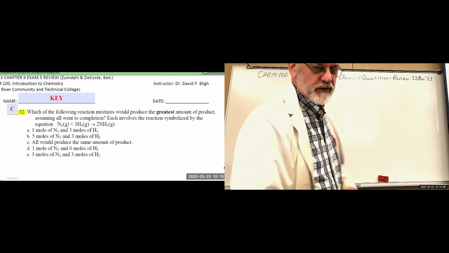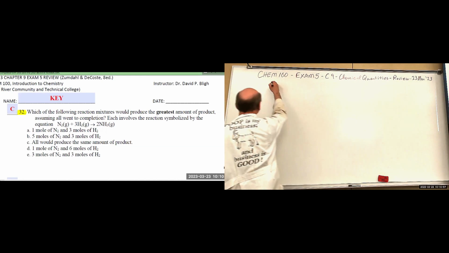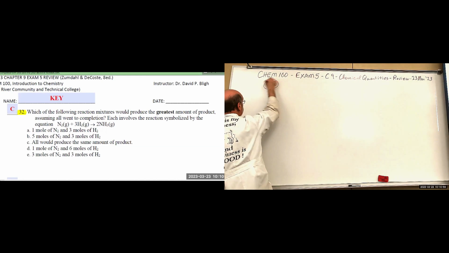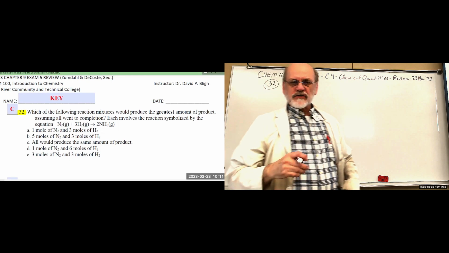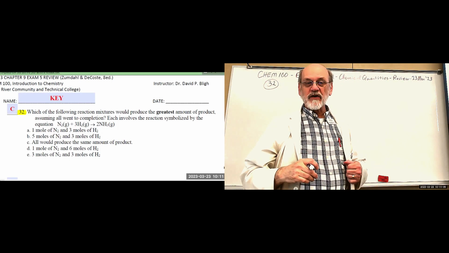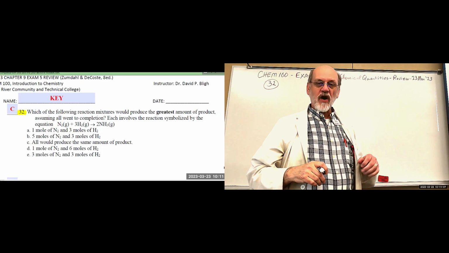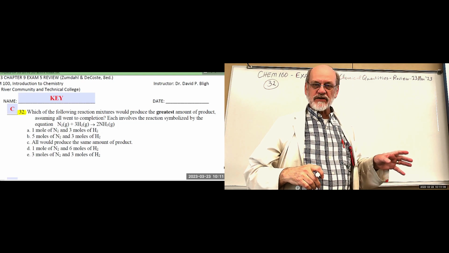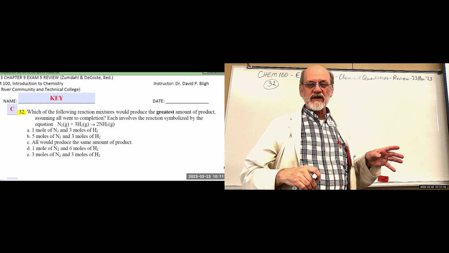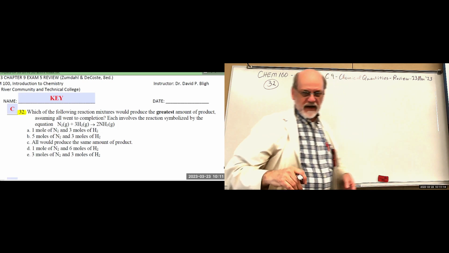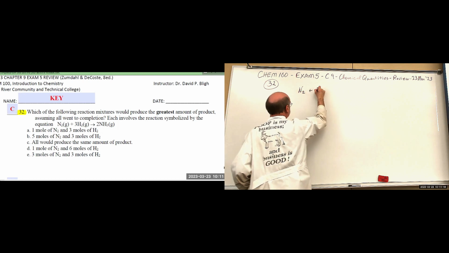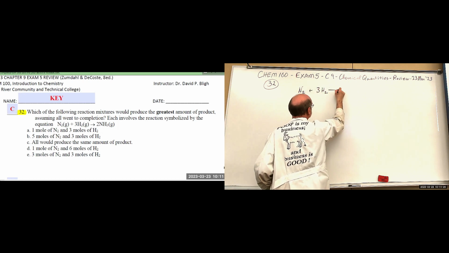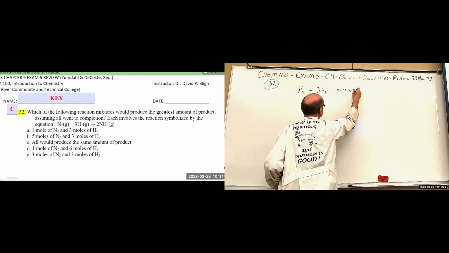All right, number 32. Which of the following reaction mixtures would produce the greatest amount of product, assuming all went to completion? Each involves the reaction symbolized by the equation N2 plus 3H2 yields 2NH3.